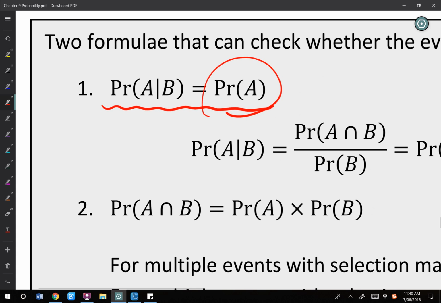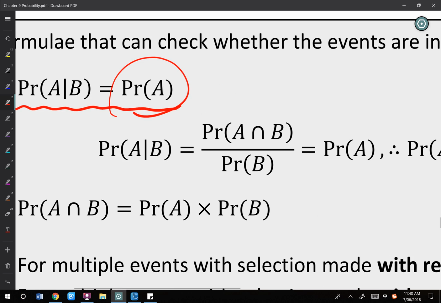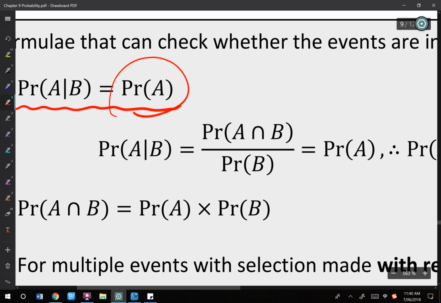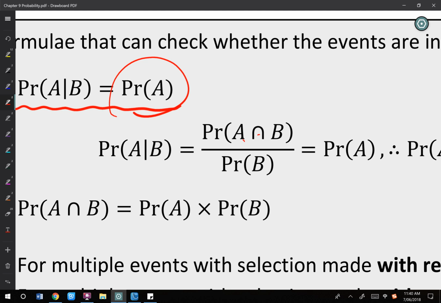But now let's expand the left-hand side. We have the probability of A given B is the probability of A intersect B over the probability of B. This formula is still true, whether they are independent or not.